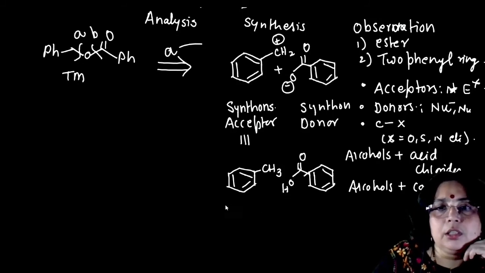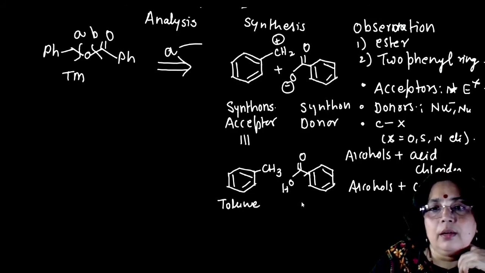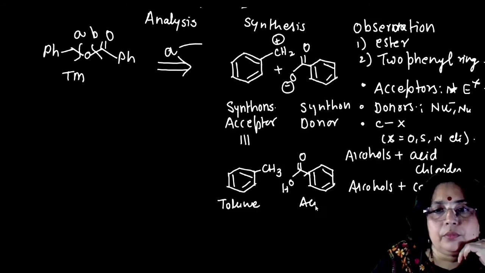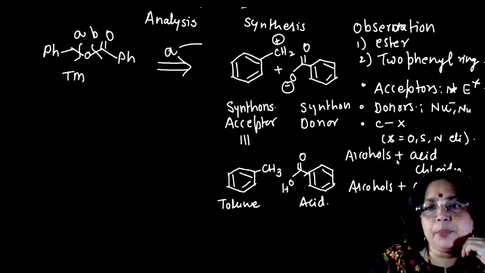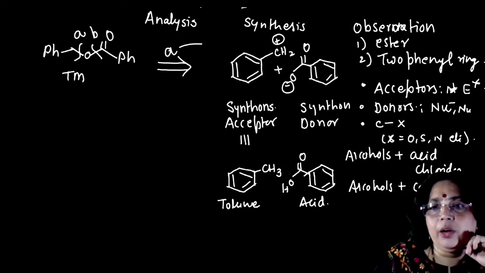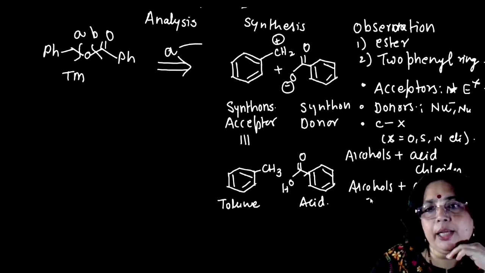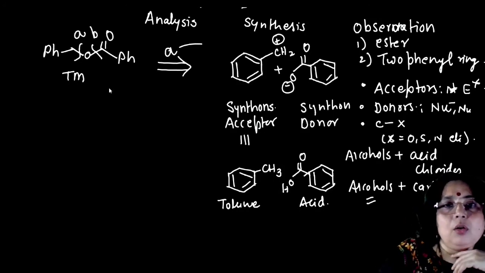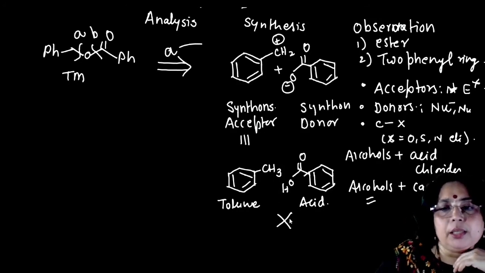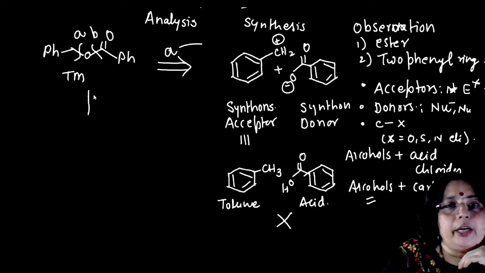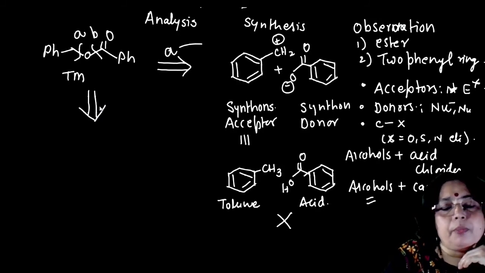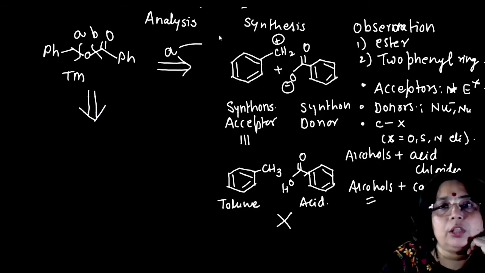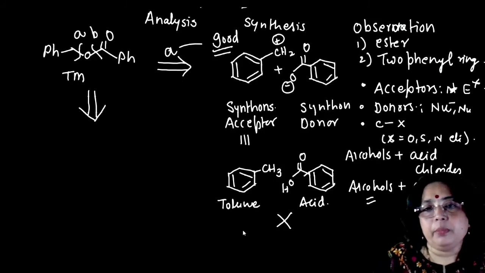So this is toluene and this is a carboxylic acid. As per our knowledge, we can obtain the carboxylic acid, but simultaneously we are not getting the alcohol. All right. So this pathway is not the right pathway because the synthons we obtain over here are not good synthons, because good synthons will give you a reliable reaction.